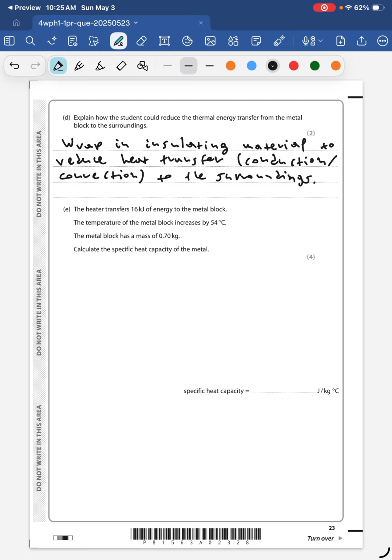Okay. Finally, part E. The heater transfers 16 kilojoules, which is 16,000 joules of energy to the metal block. The temperature of the metal block increases by 54 degrees Celsius. The metal block has a mass of 0.7 kilograms. Calculate the specific heat capacity of the metal. So energy is C times M times delta theta. So C is energy over mass times delta theta.